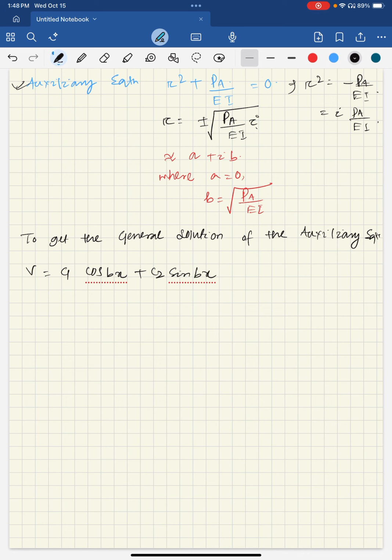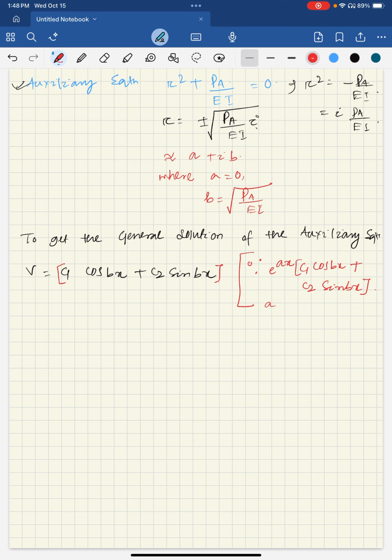So this form should be e to the power ax, or if I give you the generalization, this expression is in the form of e to the power ax times (c1 cos bx plus c2 sin bx).